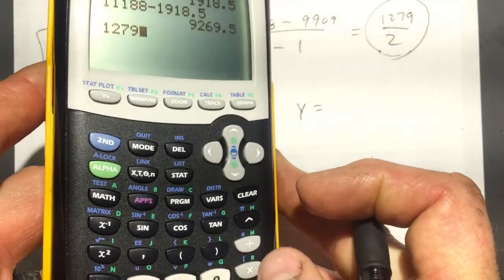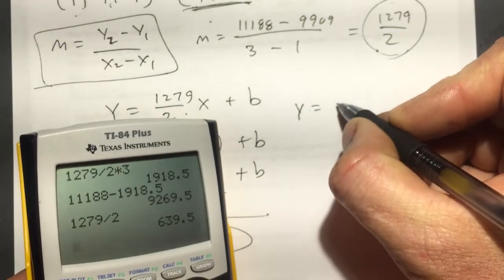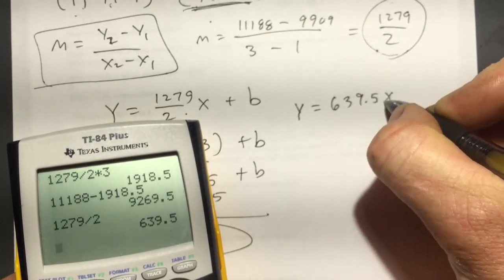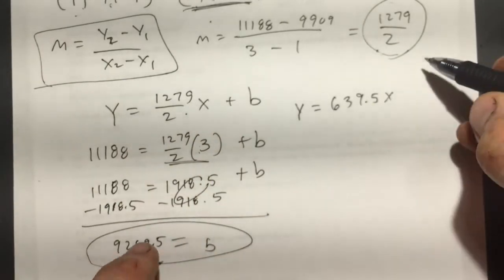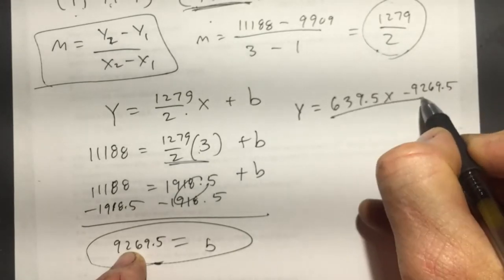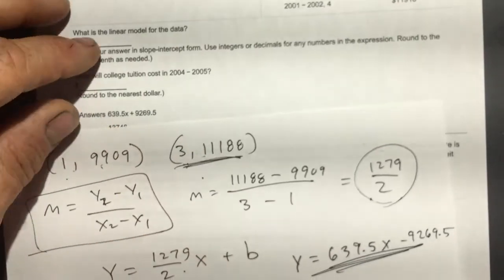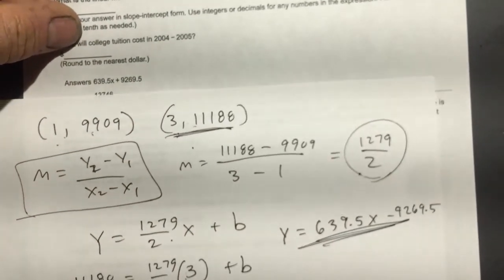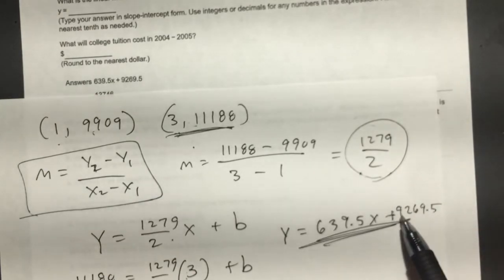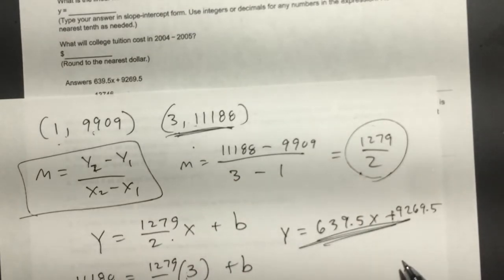So 1279 divided by 2, okay, right there, 639.5 times x, and then plus this number here, 9269.5, and this should be my answer right there. Let's see here. I don't know why I put a minus. This is positive. I don't know why I put a minus there, but this is right. Okay, so there's my equation.